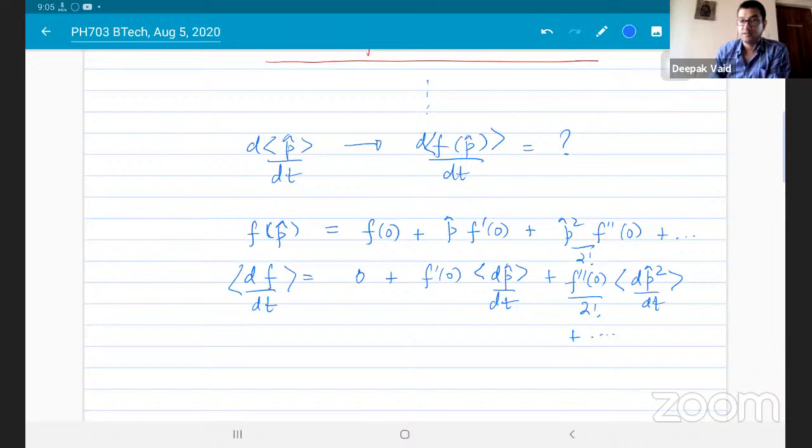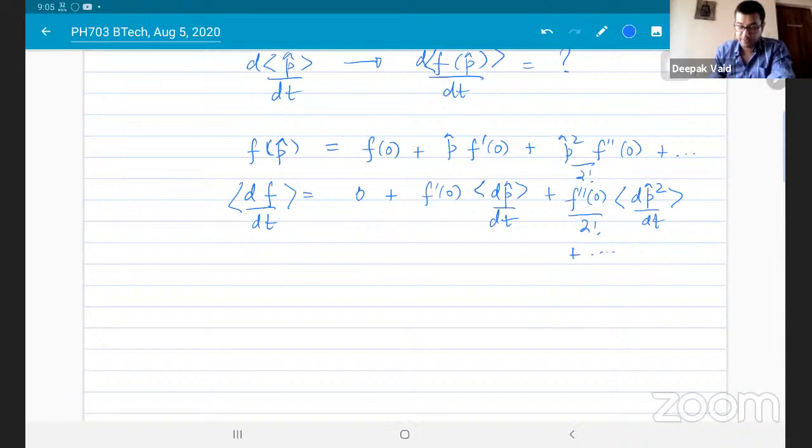So in general, these quantities will be different for the classical case and the quantum case.